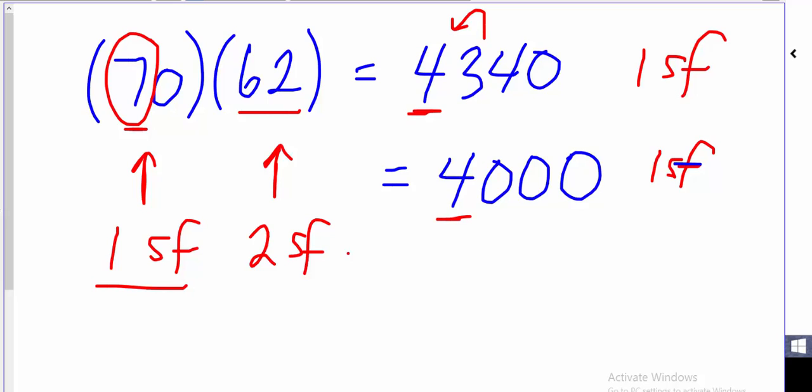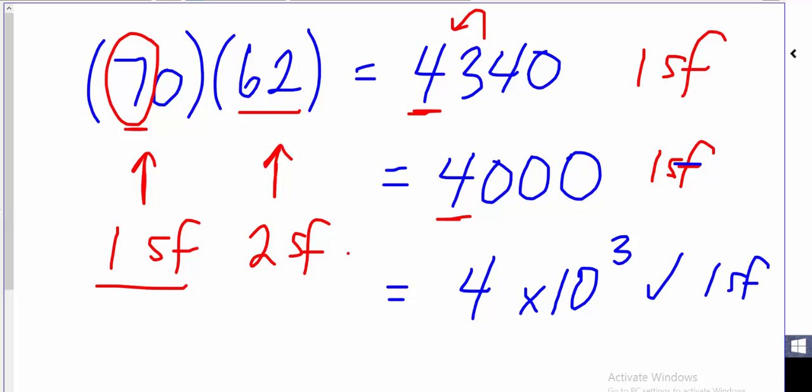Remember, these trailing zeros are not significant. It's also possible to report this in scientific notation. 4 times 10 to the power of 3 is also totally acceptable, and it also only has one sig fig.